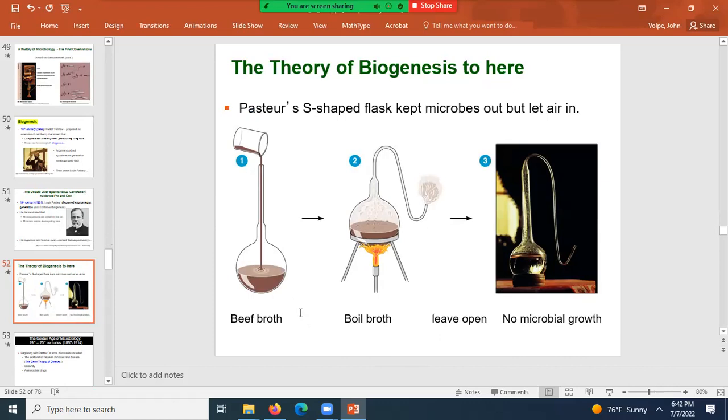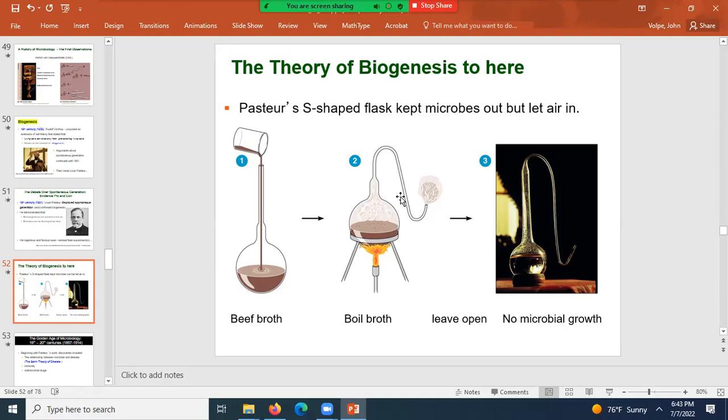What he did was he got a glass flask like this with a long glass neck, and then he poured media into it, and then he heated the glass part of the neck right there and bent it into what they call the swan neck. And then he heated the media to kill the microbes which were in the media or in the container, or they fell down from the air.